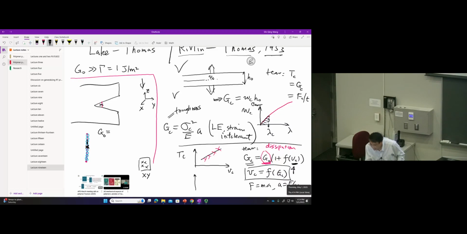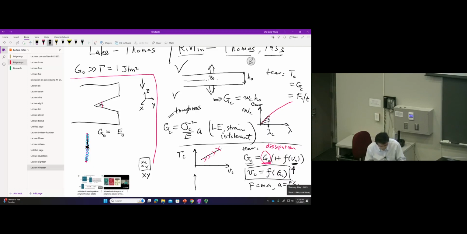Each chain has this much dissociation energy stored, because each bond is almost reaching the point of breaking. Only one bond breaks, but all the other bonds are reaching a similar level of stored elastic energy. Let's call it E0.